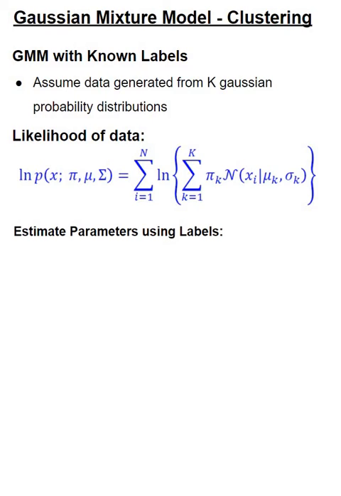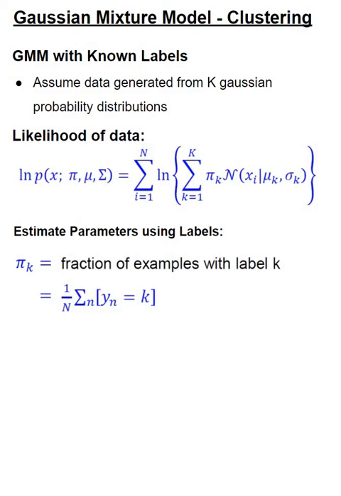So there are 3 parameters: pi, mu, and sigma. Pi of k is nothing but the fraction of examples with label k, which can be written as 1 by n times the count of data points with label k.